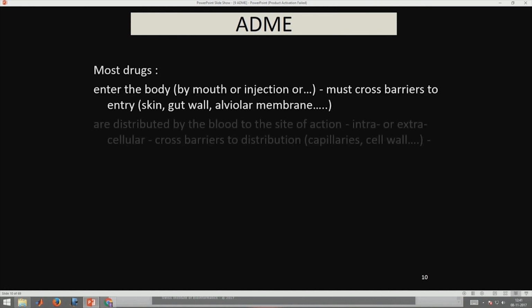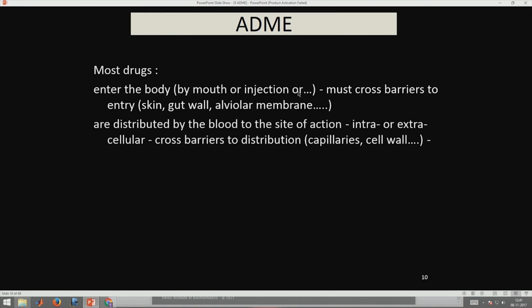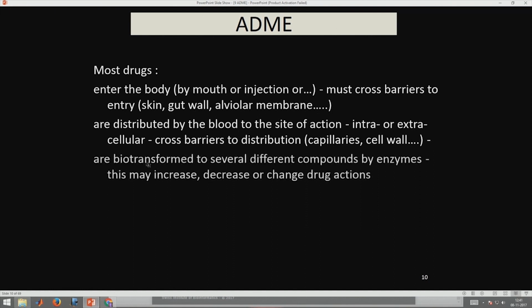Most drugs enter the body by mouth or injection. They must cross barriers to entry, that is skin, gut wall, alveolar membrane, then they get distributed by the blood to the site of action, intra or extracellular, and they have to cross barriers. So they may have to go through capillaries, cell walls, and they get biotransformed to several different compounds, because there are a lot of enzymes in the liver.